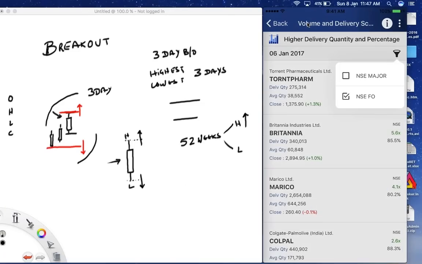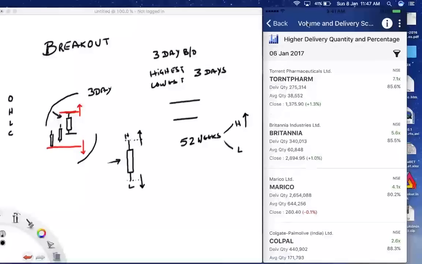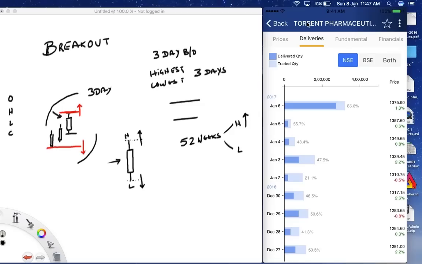Because we have done the scans from deliveries, it straight away takes me to the section of deliveries. It does not take me to the section of prices. Here I can see that 85.6% delivery has happened in Torrent Pharma. I can quickly look into how prices have fared: in the last day, flattish. 1 month has been exceptionally good. Last 3 months, pretty good.